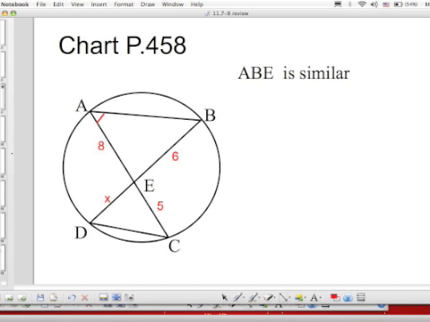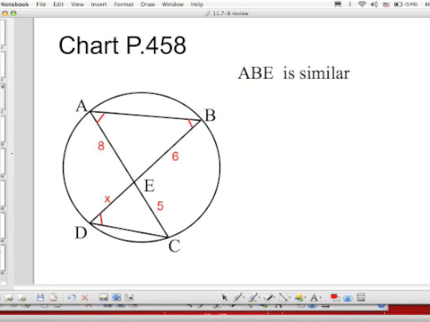If you will notice, angle A is an inscribed angle which forms arc BC. Is there another inscribed angle forming arc BC? Yes, Miss Salling, angle D. Very good. Angle D is also forming arc BC, and as we learned in the circle chapter, two inscribed angles intercepting the same arc are congruent to each other.